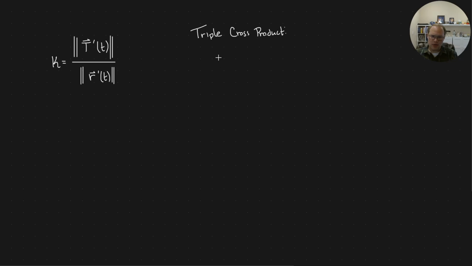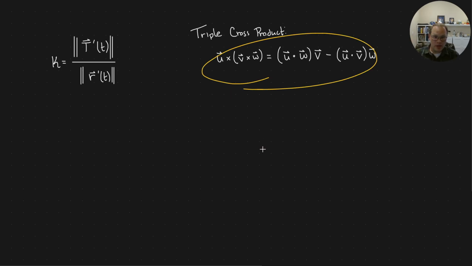It turns out that if you take three vectors and take their cross product, notice I'm being very careful with the order here. Notice the parentheses. So u cross (v cross w), that is the same as (u dot w) times v minus (u dot v) times w. Beautiful.